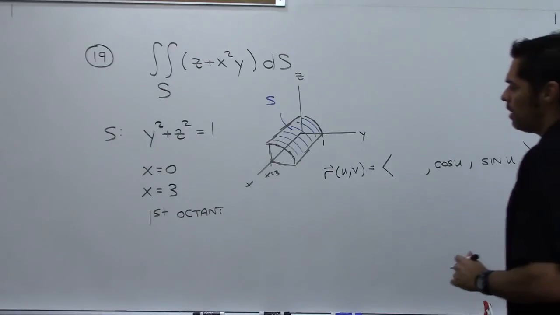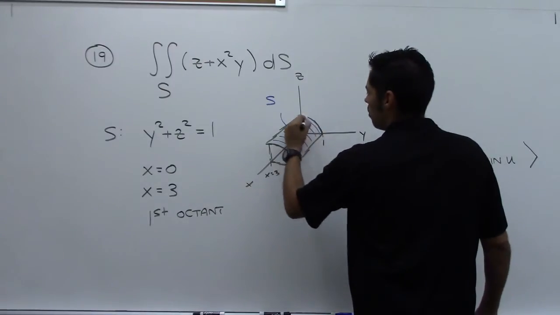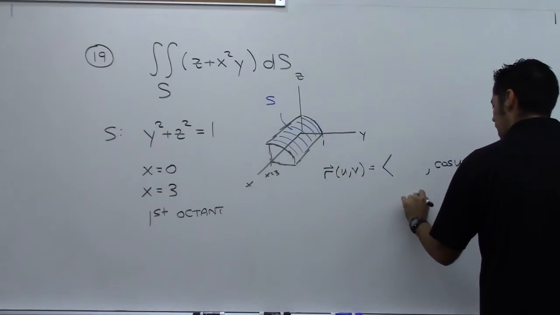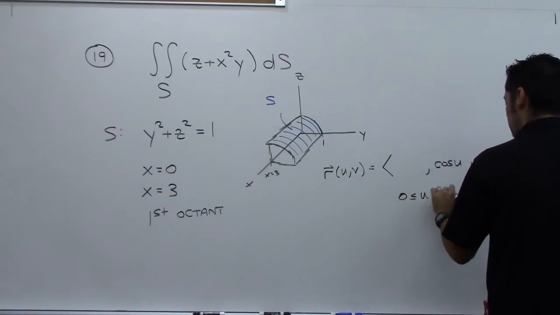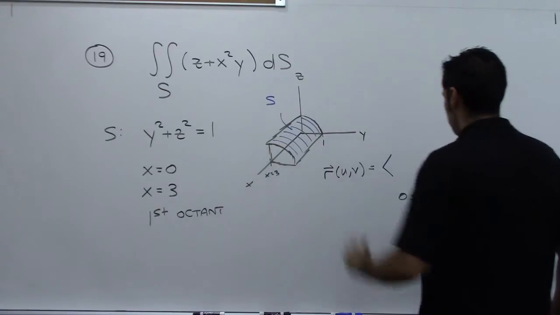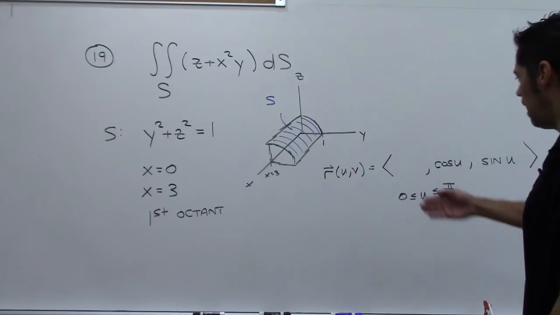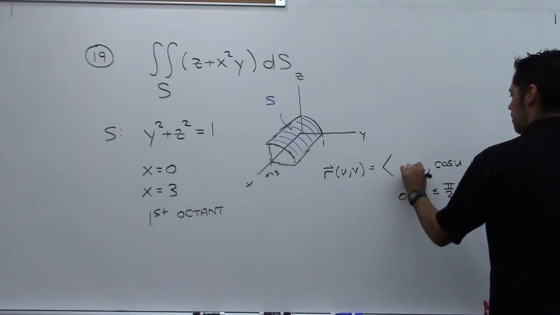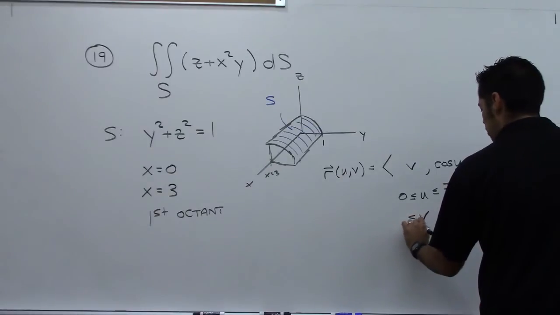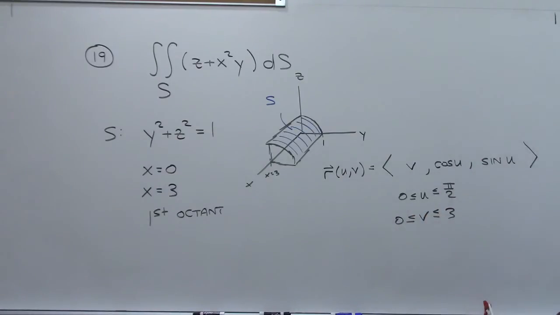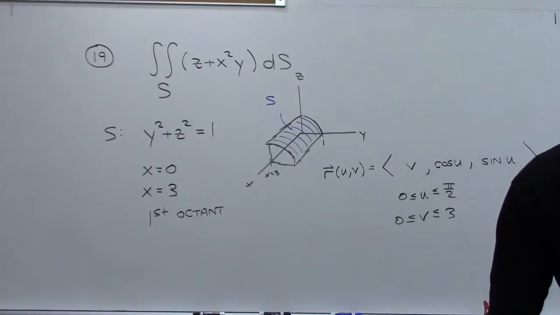I only want to draw these quarter circles, so I want my u to be bounded between 0 and pi over 2 instead of 2 pi, which would draw me all the way around. And then my x coordinate, I want to start at 0 and come out to 3, so I'm going to let this be v, and let v be between 0 and 3. That should draw me what I need.